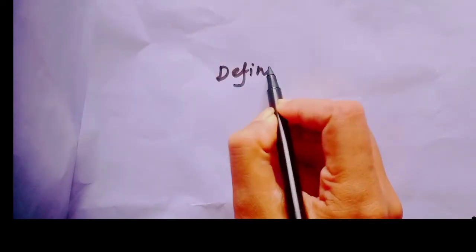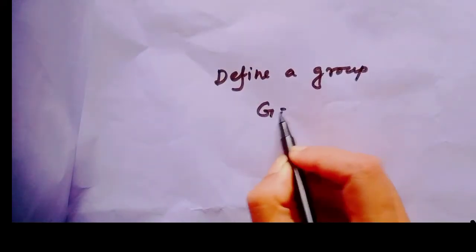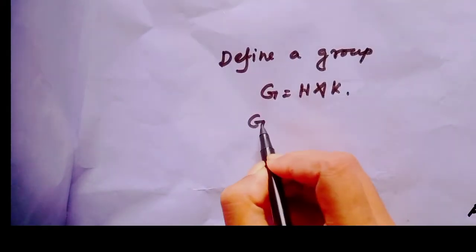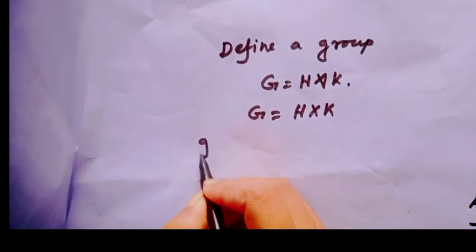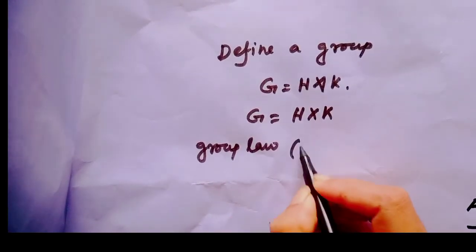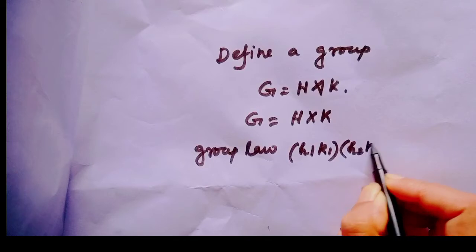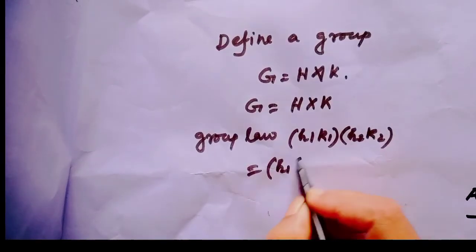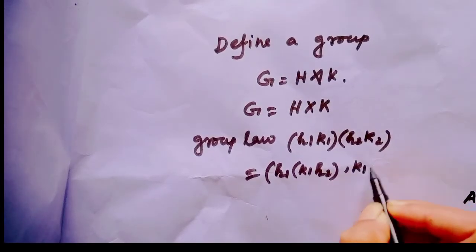define a group G equal to H semi-direct product K, on the set G equal to H direct product K, with the group law H1 K1 times H2 K2 equal to H1 K1 H2 K1 inverse, comma K1 K2.